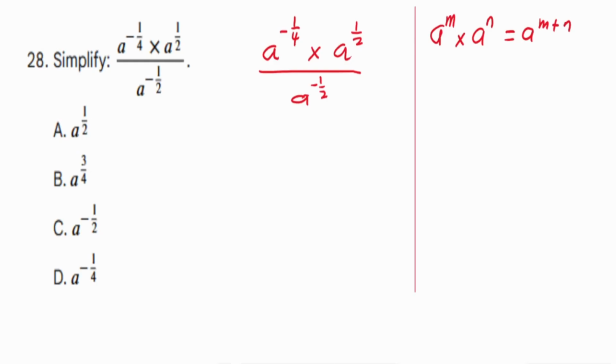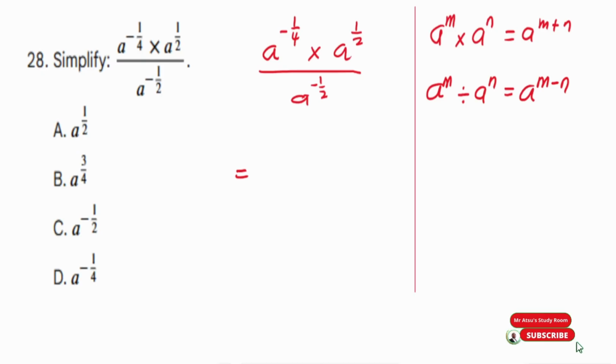And then the quotient, which is for division, says that if we have the same base, but now we are dividing, exponents could be the same or different, then it is the same as the base and then the difference of the exponent. So we're going to use these two to work this out.